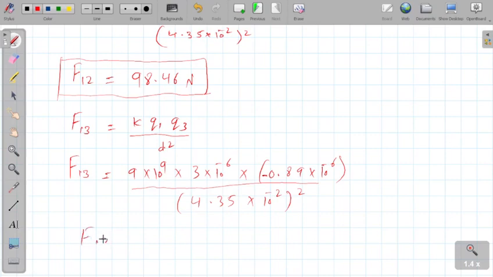This comes out to be, with a negative sign, 12 point something Newton, because the force will be attractive: the first charge is positive and the second is negative, so the product is negative. We have calculated the values of F12 and F13.